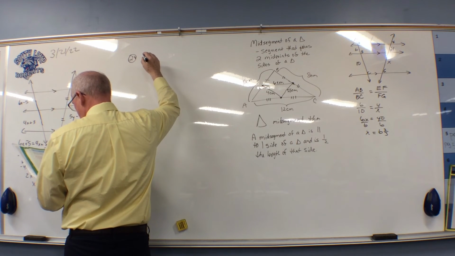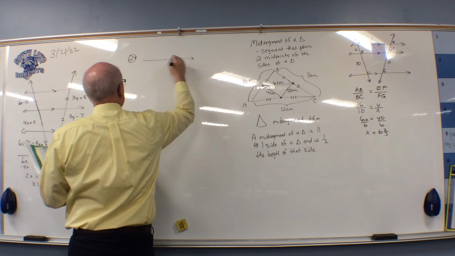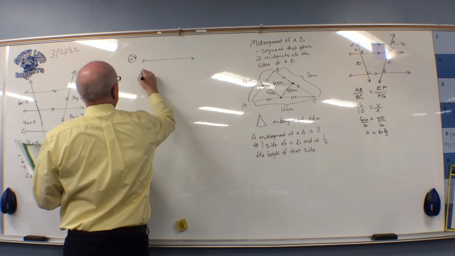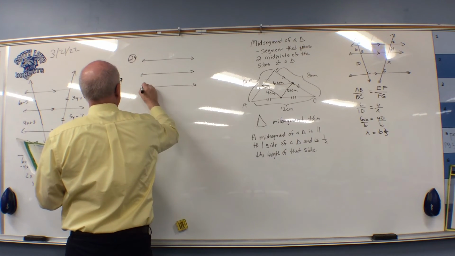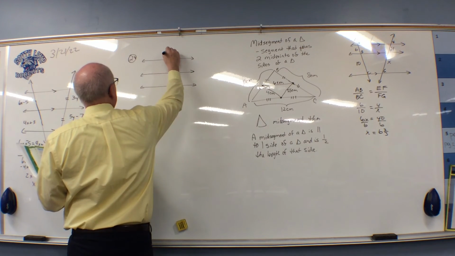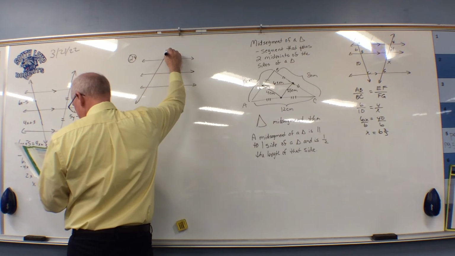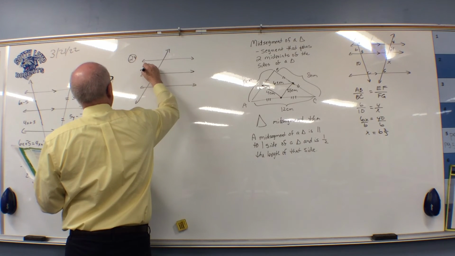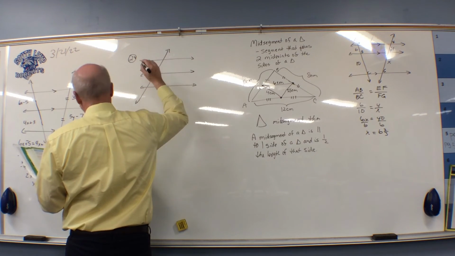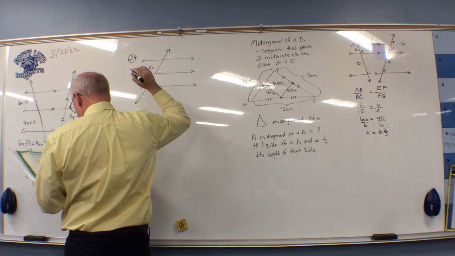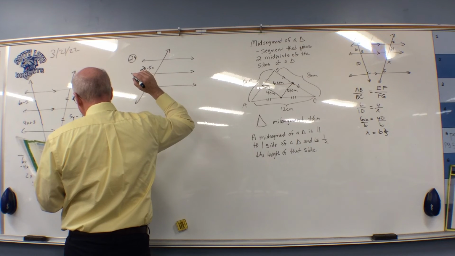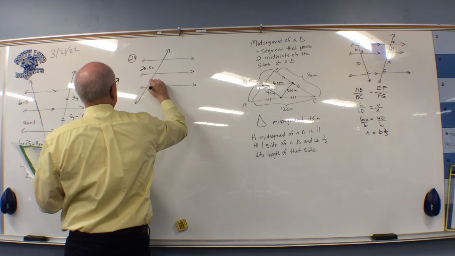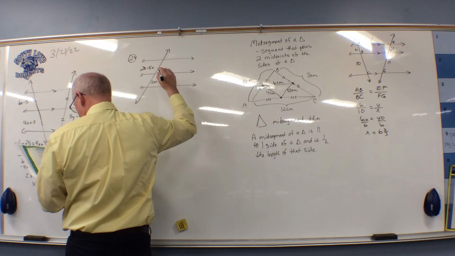Take a look at 24 on page 540. It says find x and y. So we have this picture here, and we have this transversal here. And it says this is 20 minus 5x, correct? And this is 2x plus 6, right?